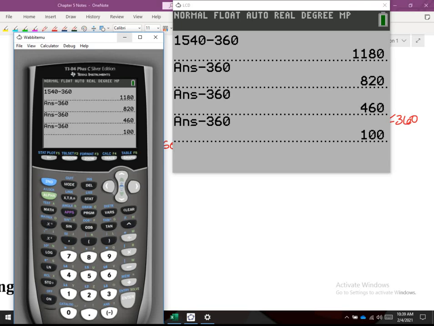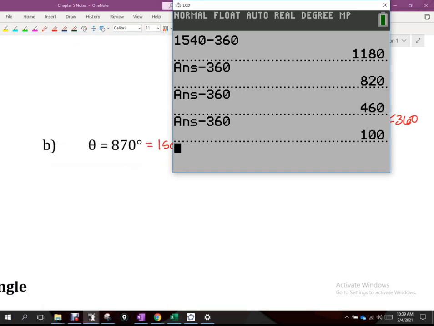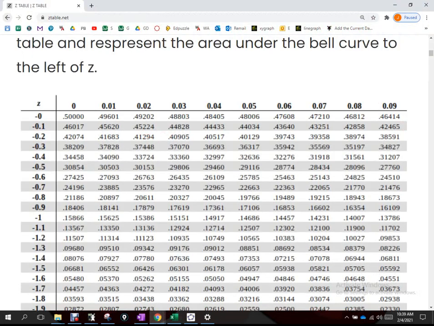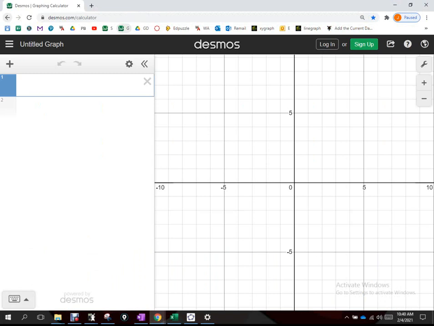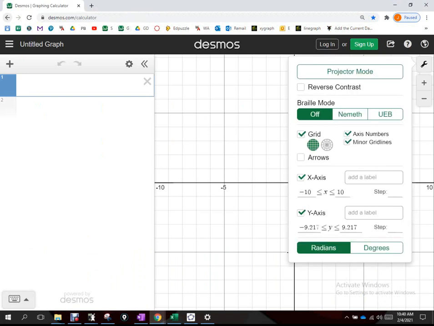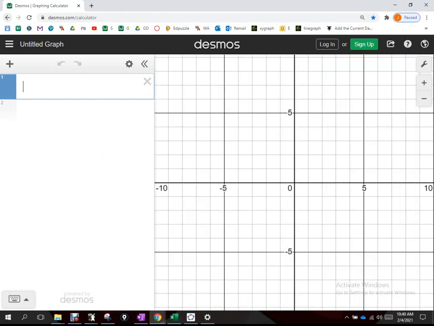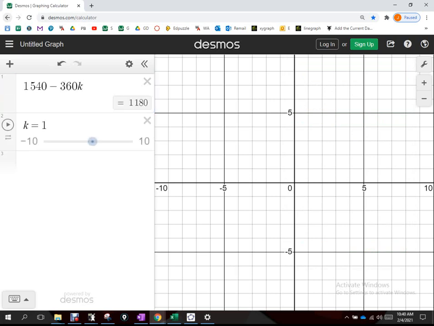Like I said, I think Desmos does that. I don't know if you'll use that enough to write a little bit of a program in Desmos that would help with that. Let's see, if I go to the graphing tool in Desmos, and I just say, let's say we got like 1540. I'm going to say minus 360k. It says add slider for k, so I'll do that.